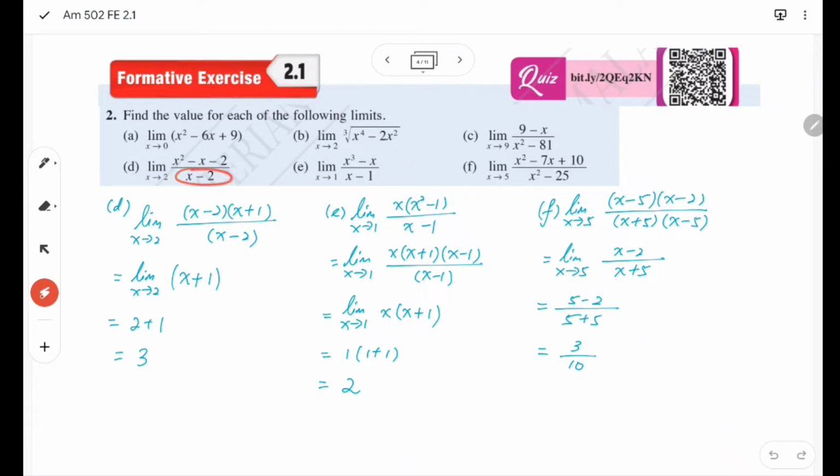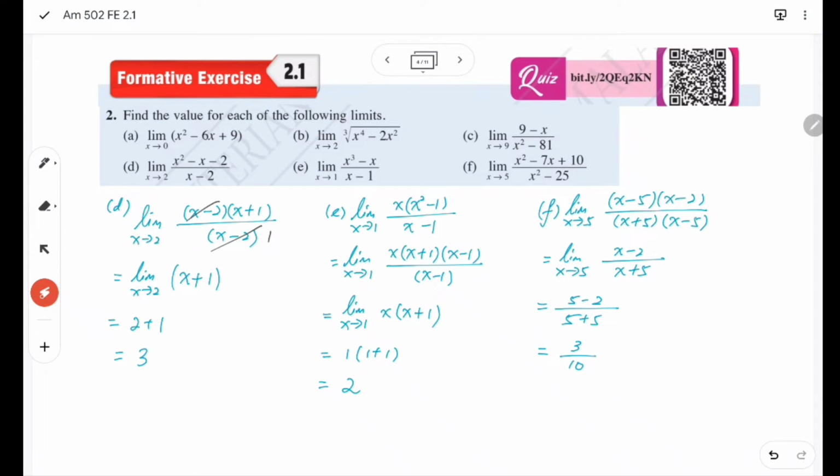Then over the x minus 2, so we see common factor again, which is x minus 2 and x minus 2. There we can cut off and left only x plus 1. So now, if we substitute x equals 2 here, we get 2 plus 1, which is equal to 3.